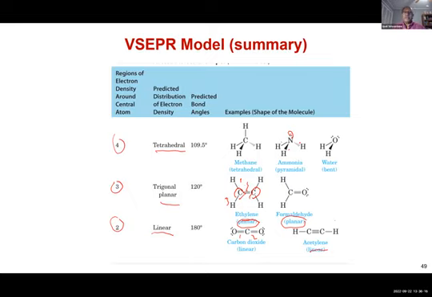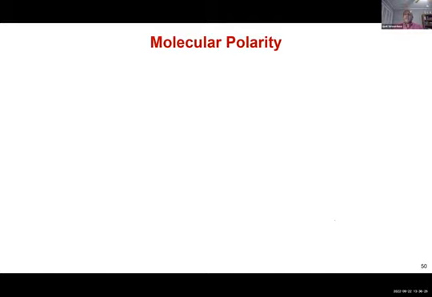Let's go to the idea, how you predict the polarity of a molecule. Polarity of molecules is important. Molecules have polarity when they have charge separation in the molecule. Therefore, in the molecule, there are distinct regions where positive charge is, and negative charge of electrons is, in the valence shell.